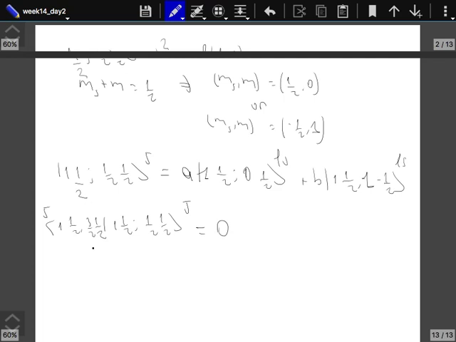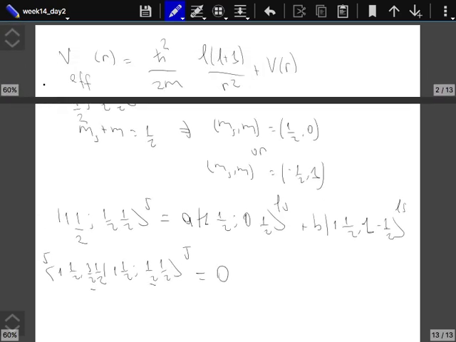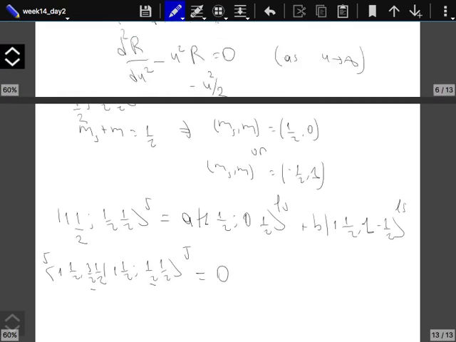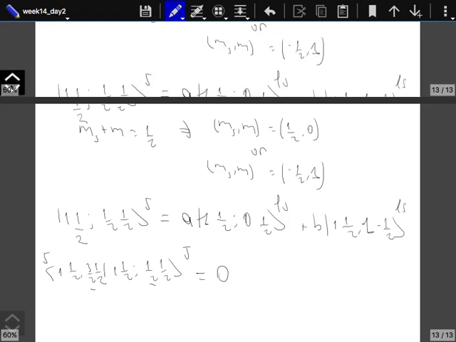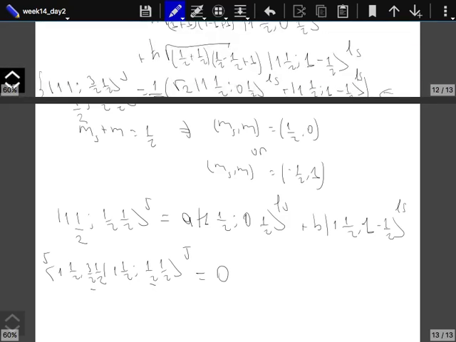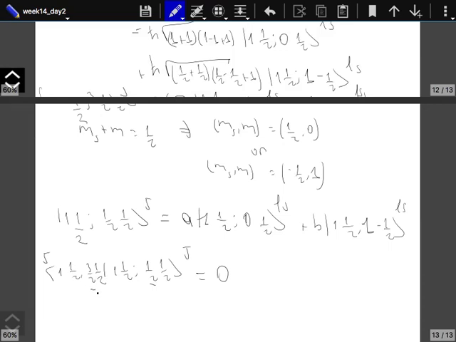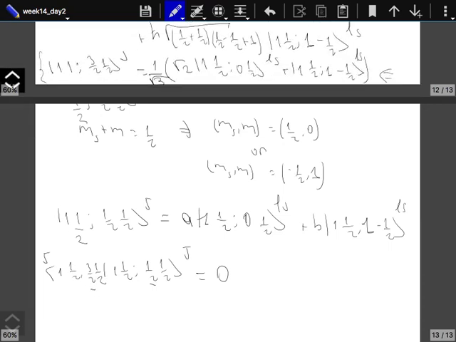You see, they have different eigenvalues of J squared, so they have to be orthogonal to each other. Now if you write that inner product, I have already calculated that ket.